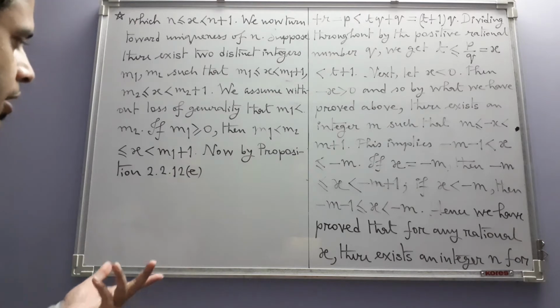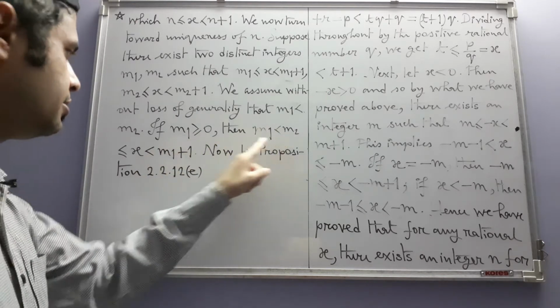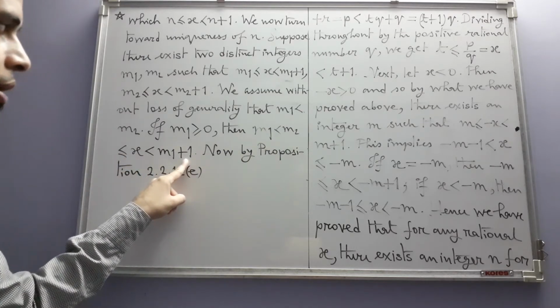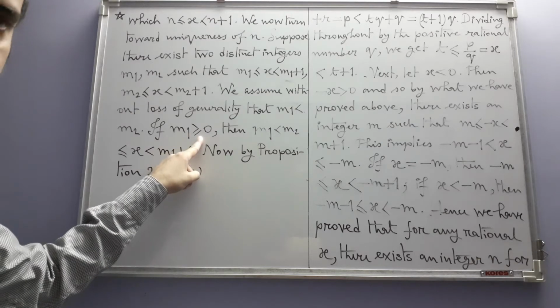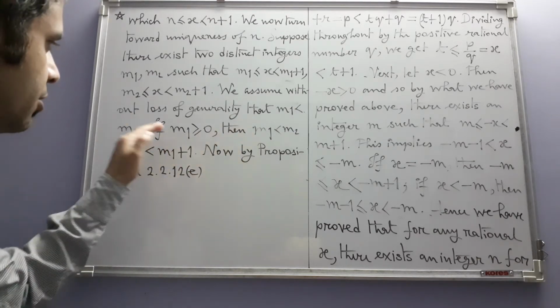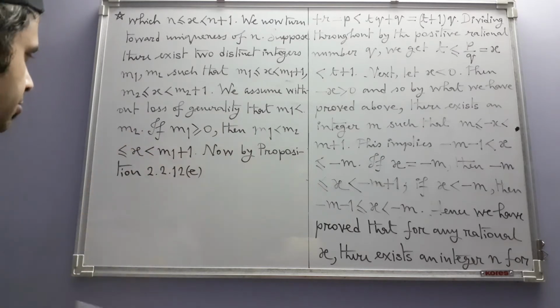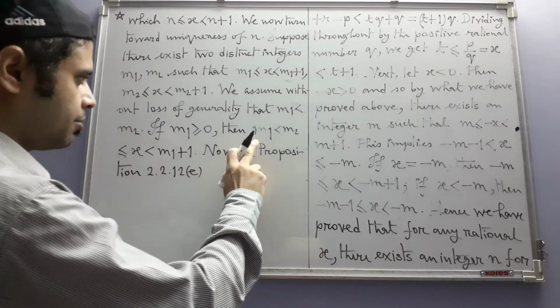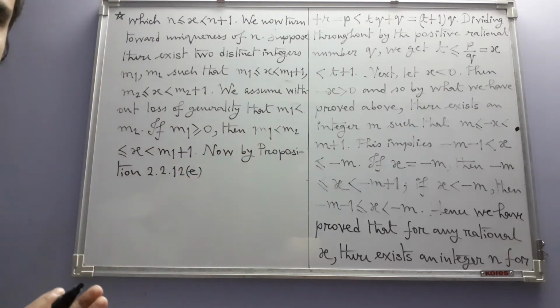In order to be able to apply that proposition, we need all these integers to be natural numbers. That's why we need this condition, m1 greater than or equal to 0. And because of this condition, m1, m2, m1 plus 1, these are all natural numbers. x is a rational number.